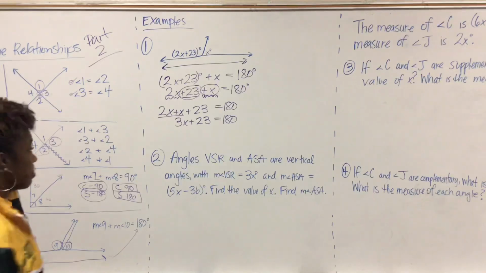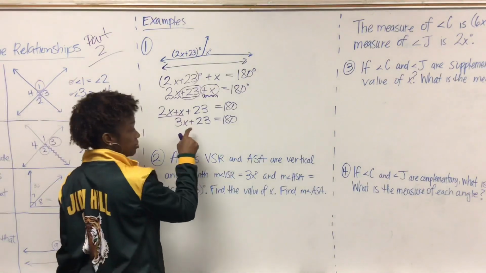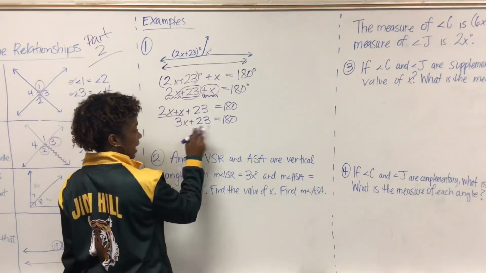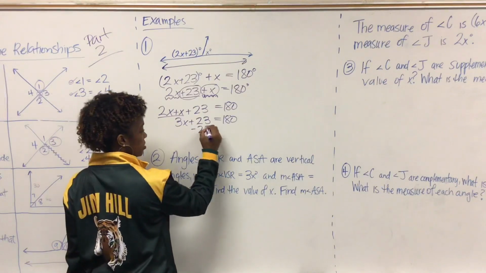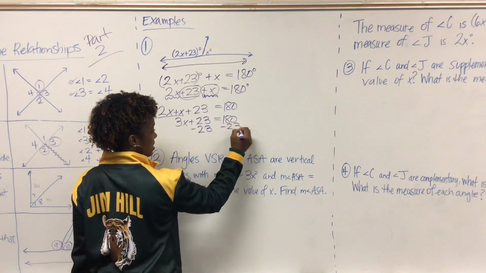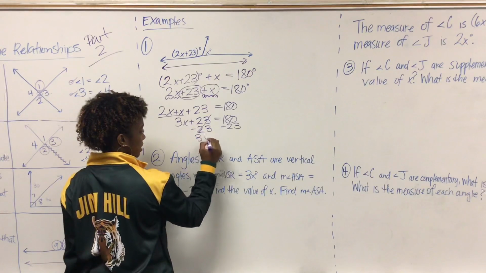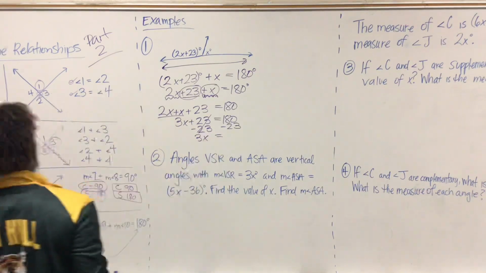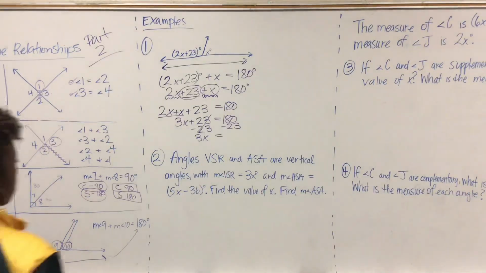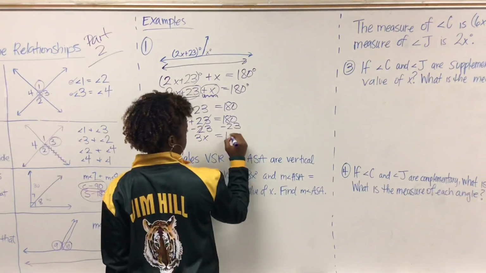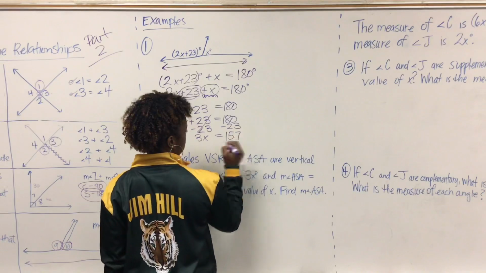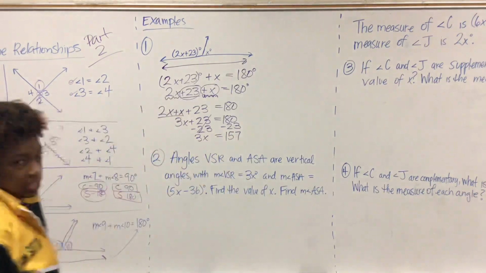Now we have a two-step equation. So we're going to subtract 23 on both sides. They added, so we're going to do the inverse operation, which is subtracting on both sides of the equal sign. This cancels out. I'm left with 3x equals 180 minus 23, which is 157. Do not try this at home.